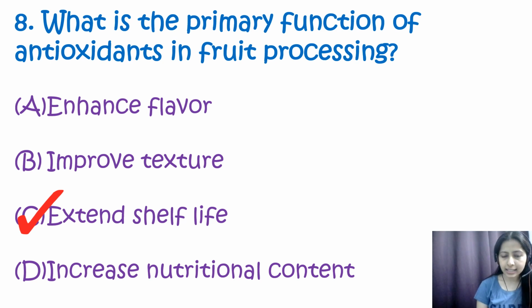So we can say that antioxidants indirectly enhance the flavor and increase the nutritional content by protecting from degradation. But the primary work of the antioxidant is to extend the shelf life. So over here the correct option among the following will be C, that it extends the shelf life.